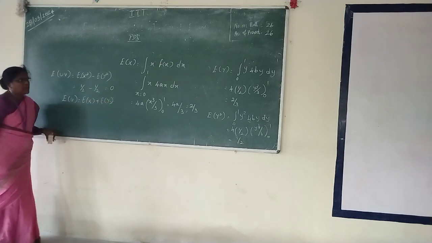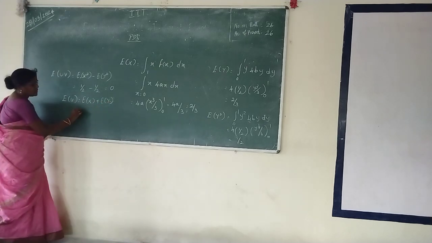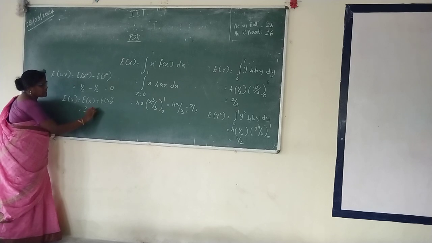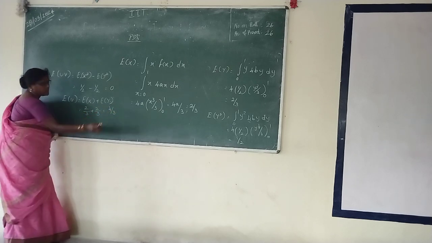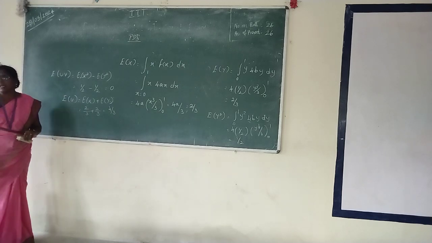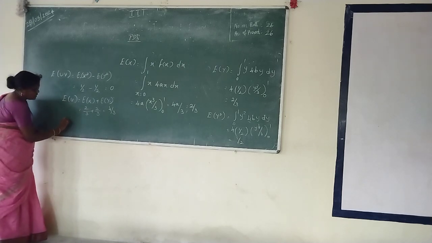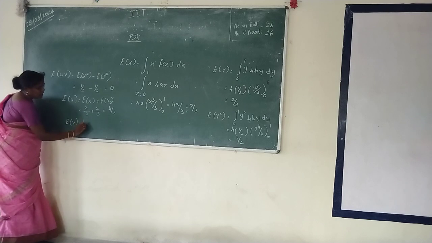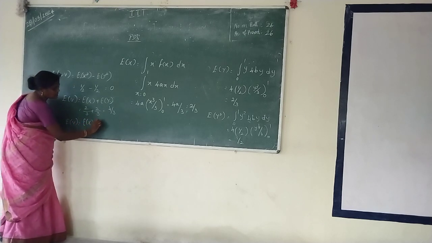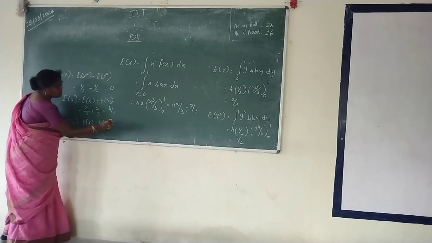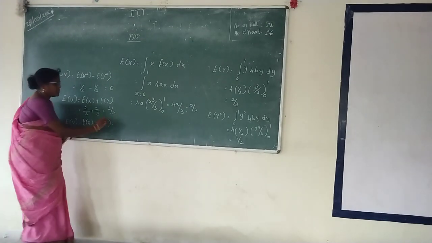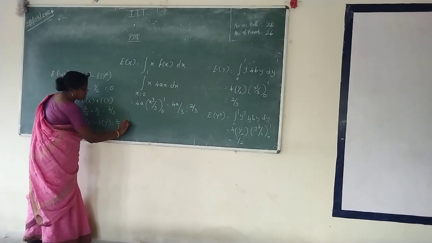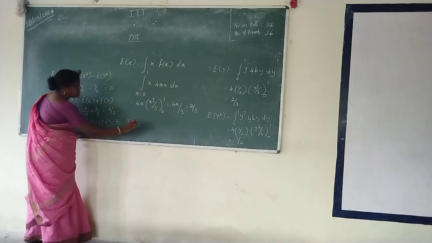So what is E of x? 2 by 3. So 2 by 3 plus 2 by 3. What is the answer? 4 by 3. Find E of v. E of x minus E of y. What is E of x? 2 by 3, minus E of y, which is 2 by 3. What is the answer? 0.